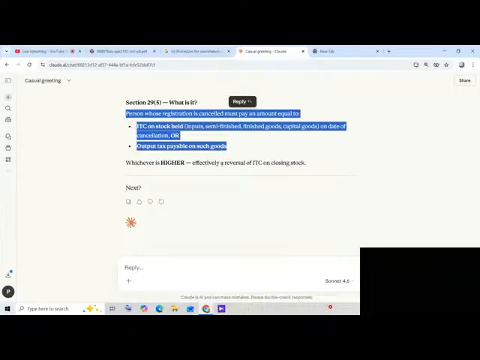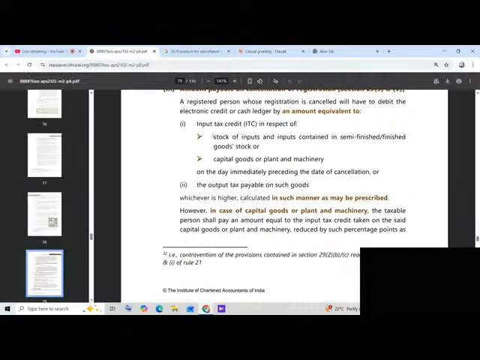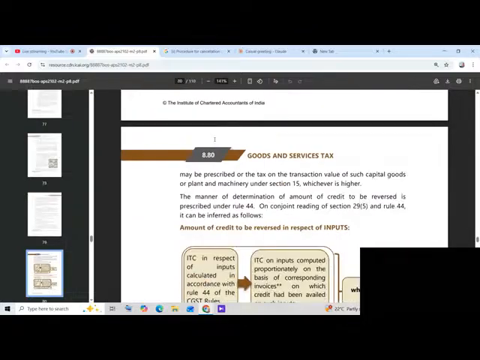So, procedure for cancellation of registration, voluntary cancellation by registered person seeking cancellation. This I'm reading from the study material. A registered person seeking cancellation of registration shall electronically submit the application for cancellation of registration in the prescribed form within 30 days of occurrence of the event warranting cancellation.